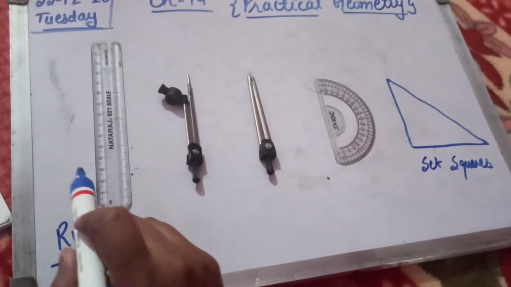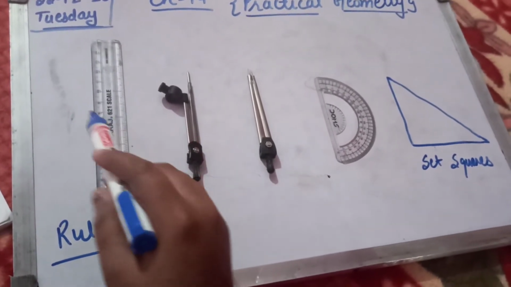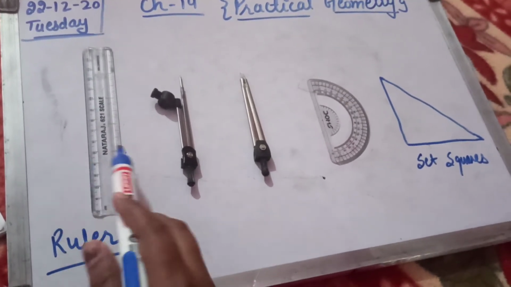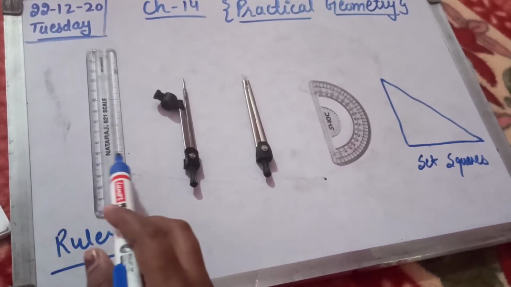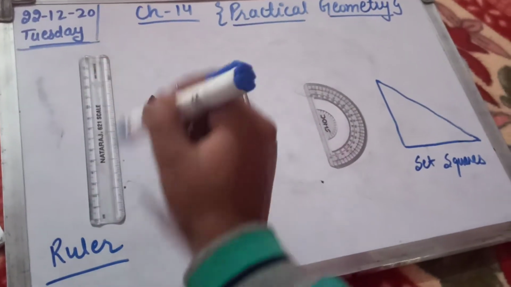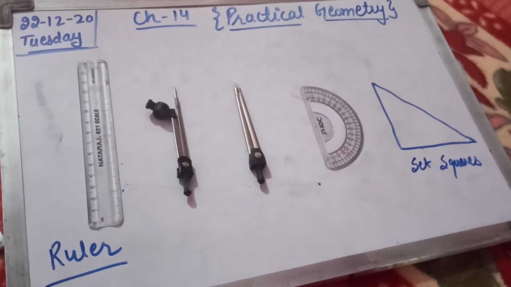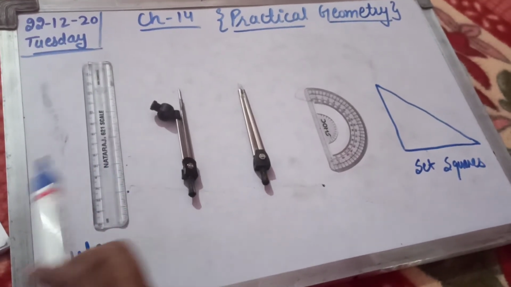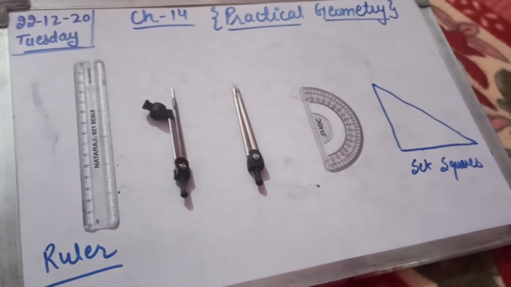See, from the length side marking is given, one side centimeter and the second side in inches.